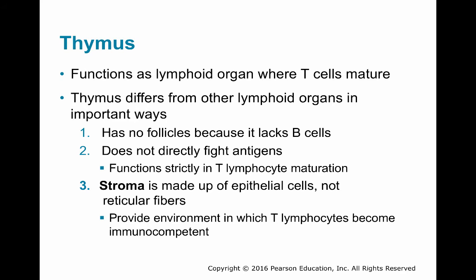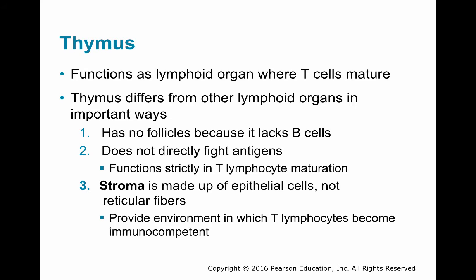And basically the last one we're going to be talking about today is the thymus. The thymus functions as a lymph node organ where T cells can mature. The thymus is different from other lymph node organs in very important ways. For instance, it has no follicles because it lacks B cells. It does not directly fight antigens.